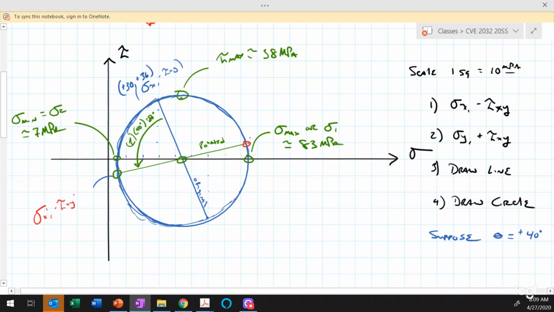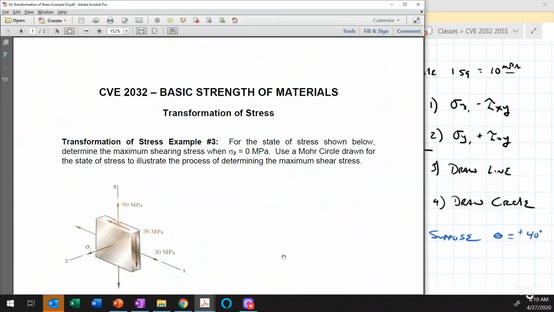This value over here goes to sigma y prime comma plus tau xy prime. Okay, and we could pick those values out if we needed to, but we don't need to do that for this example.